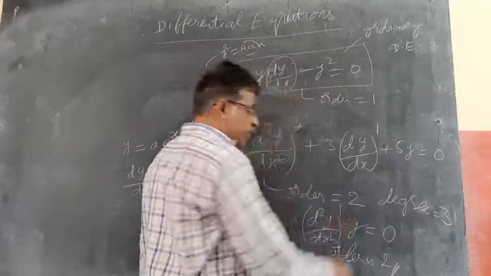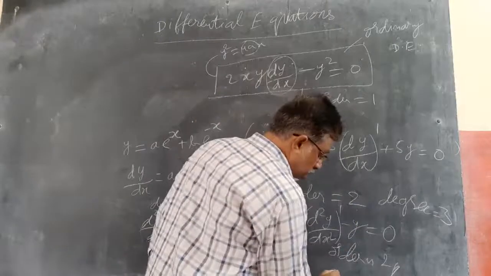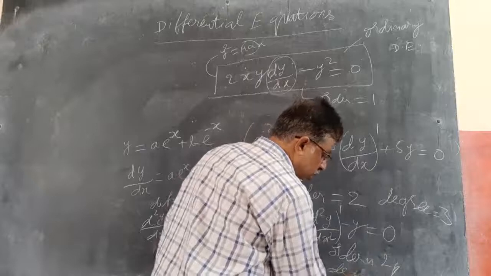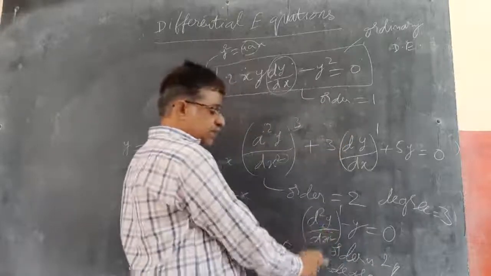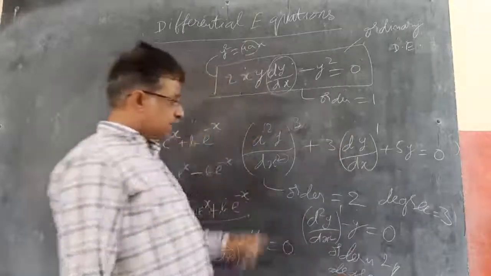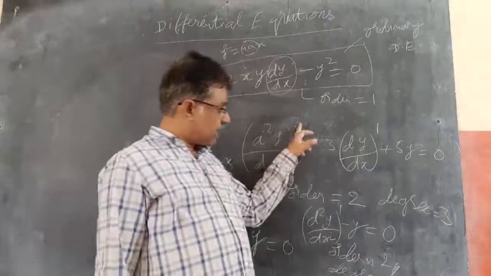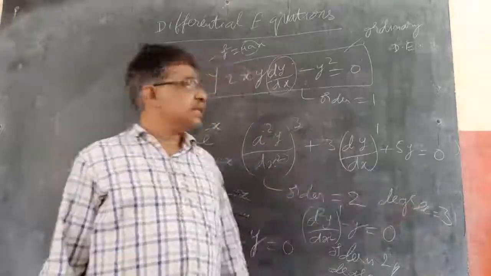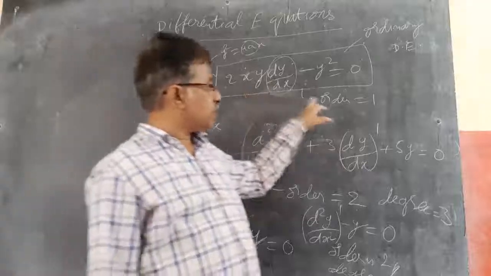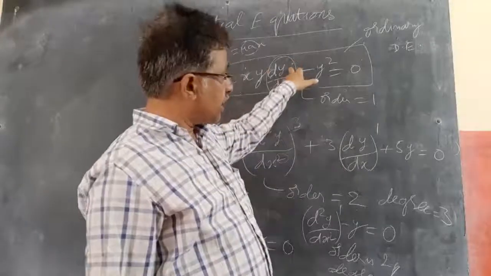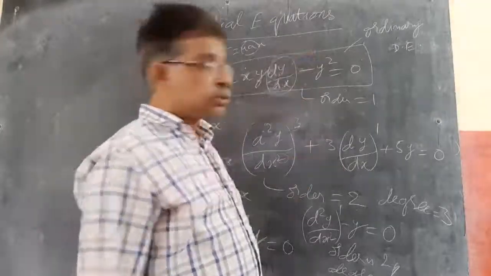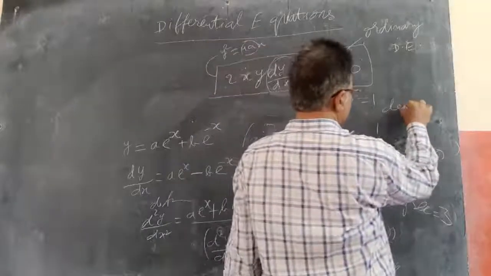What is the highest power of this? 1. So degree equal to 1. This is a differential equation of order 2, degree 1. That one is order 2, degree 3. This one is order 1, degree also 1, since the highest power is only 1.